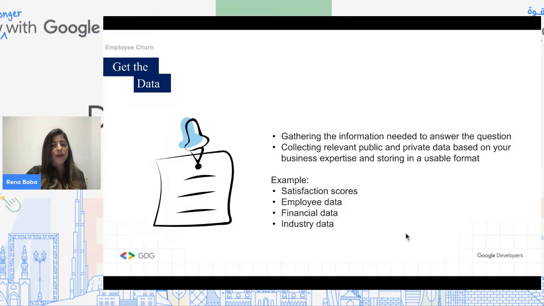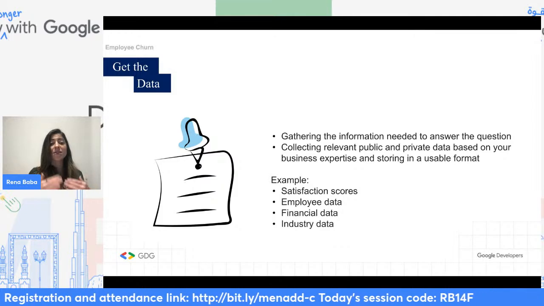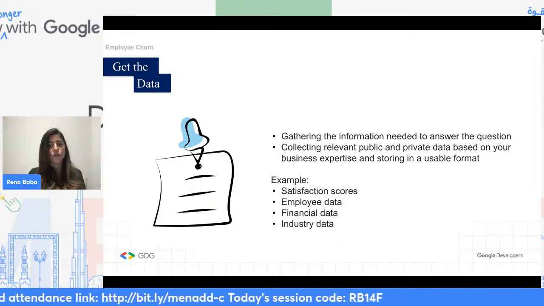You might think maybe I need to gather satisfaction scores for employees, employee data, financial data around the salary, industry data. But at the end of the day, whatever data you collect has to be relevant for your problem. You're not just going to throw in data and augment your data for nothing. It has to be data that is relevant for the problem you are trying to solve.